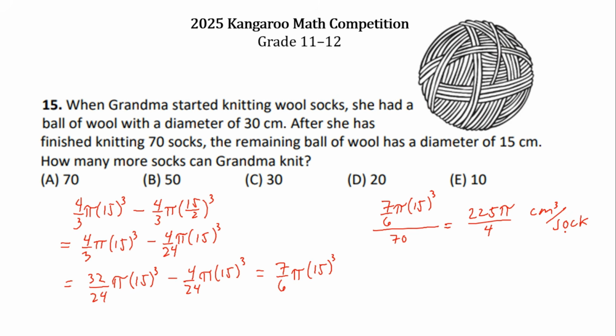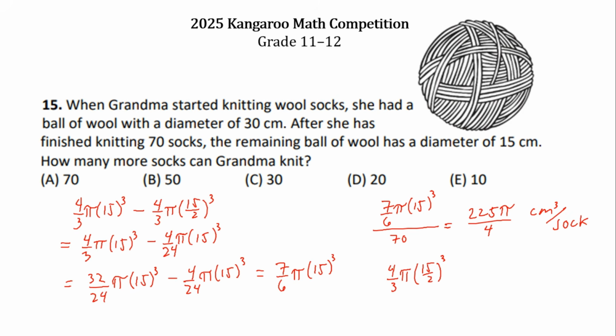So we have 4/3 pi times 15 over 2 cubed. This is the volume of the remaining amount of wool.